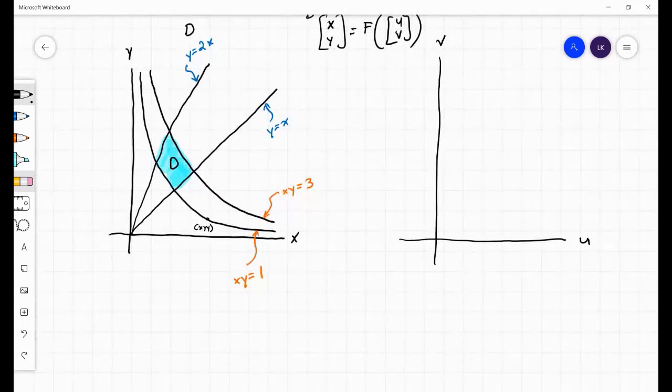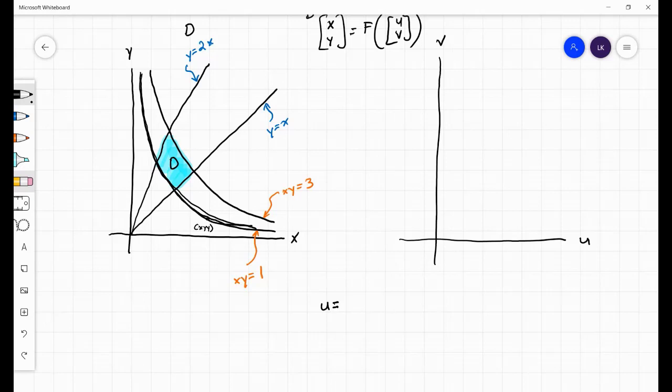So what would be a good choice for u so that this hyperbola becomes a nice straight line in the UV plane? Any guesses? If in the new coordinate system we want u to be a constant, when in the xy plane we're on this hyperbola, what would we let u equal?